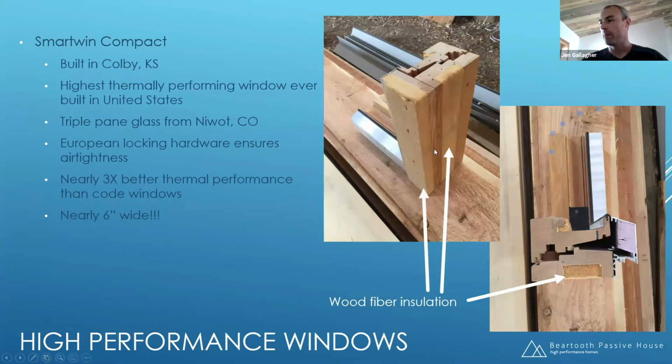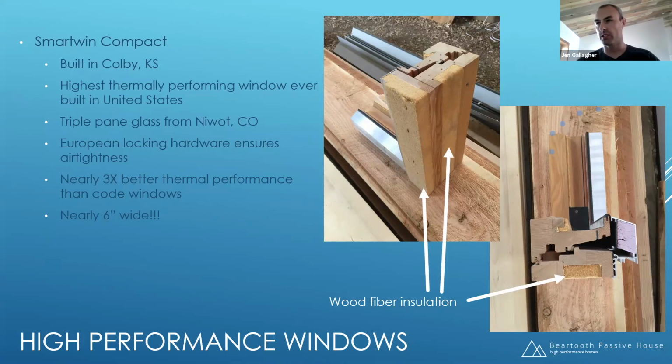So this European hardware that's used with these windows ensures that airtightness. And then our triple pane glass is what we need from a performance perspective, so that we don't lose too much heat to the outside.